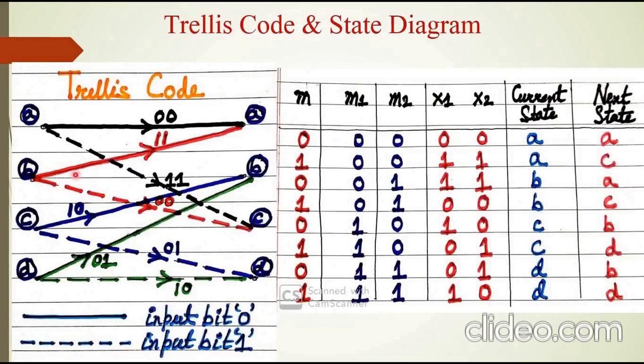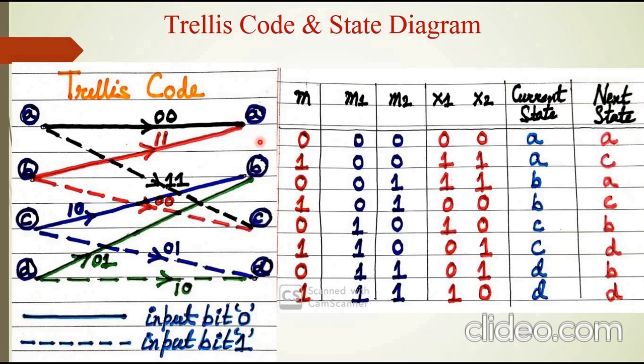Now I will draw code trellis. So I will draw step by step. So here you will be having input states and there are 4 possibilities. And here output states, there are even 4 possibilities.